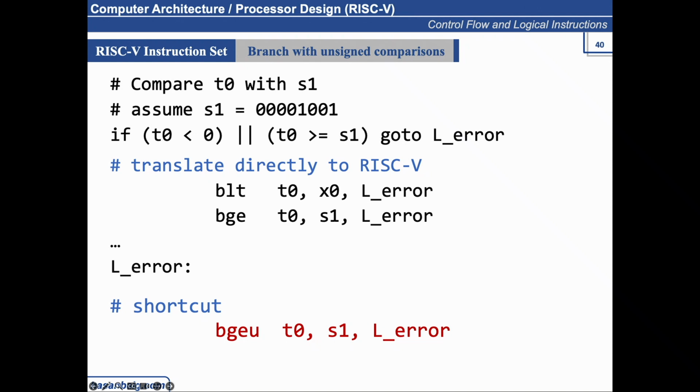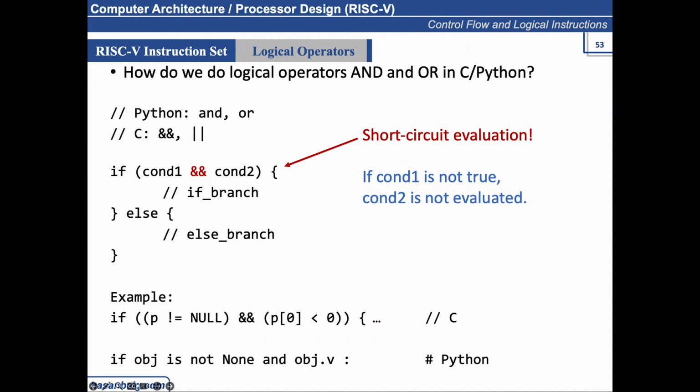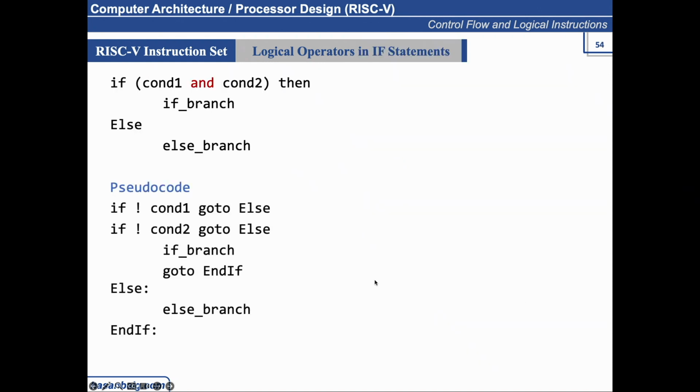So here, it would be something like this. If condition 1 is not true, if condition 1 is false, then the entire AND structure will return false. So then we can directly jump to else.